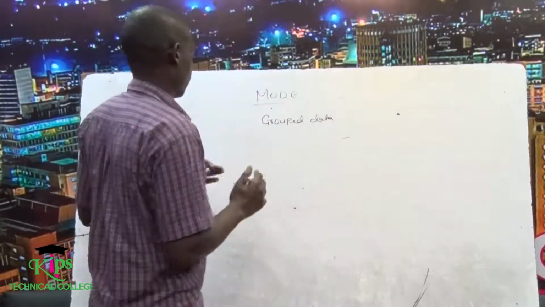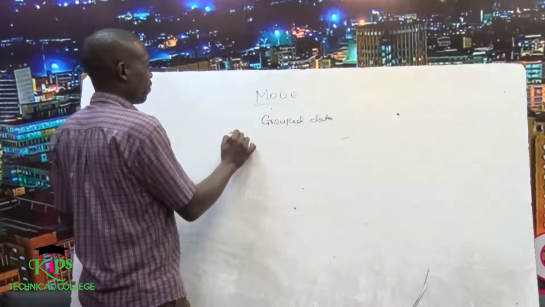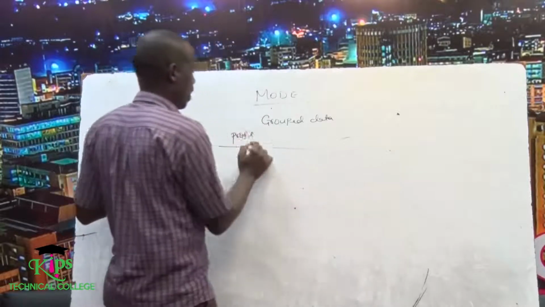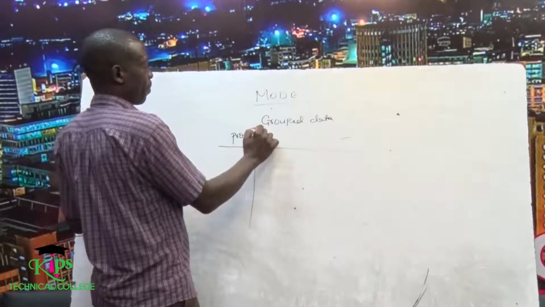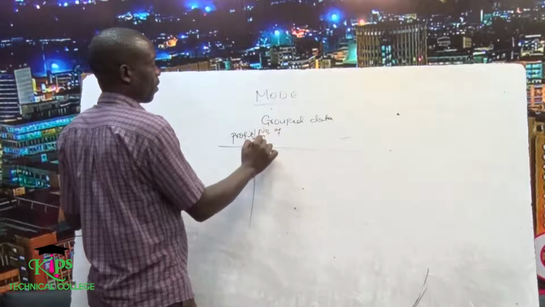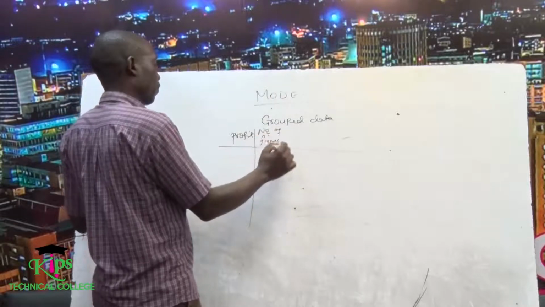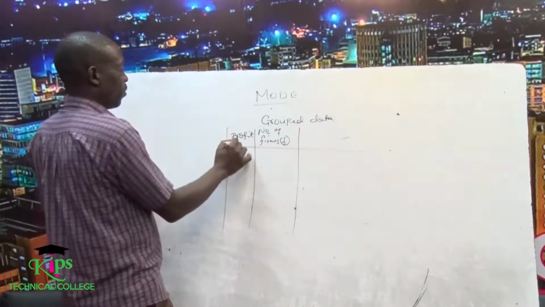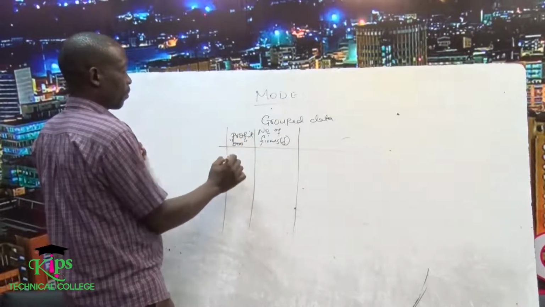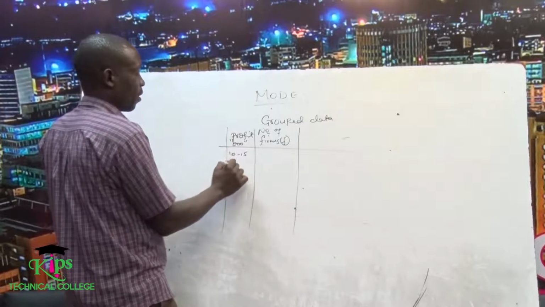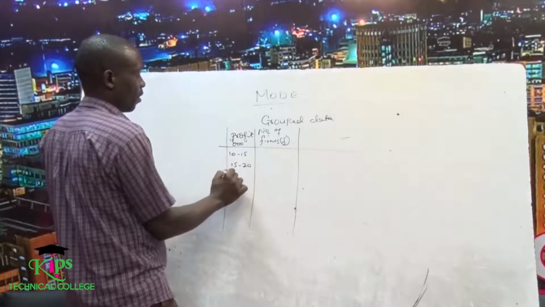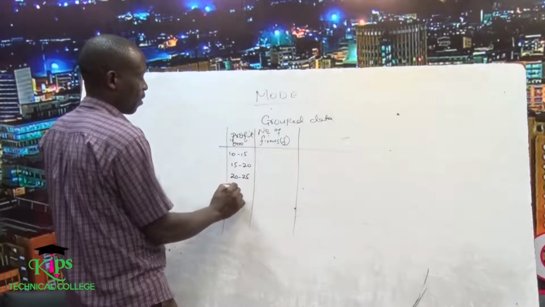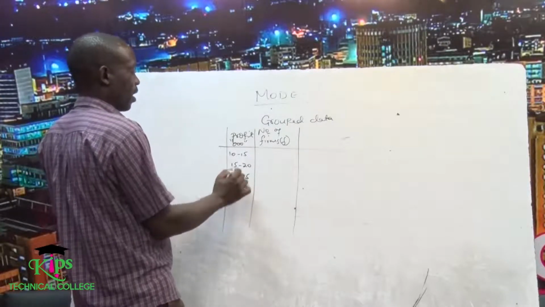If we have this, let us talk about maybe it is profit this time, maybe the profit that is being made by firms or businesses, which is our F. So the profit, we can say it is in 1,000. 15 to 20, 20 to 25,000, 25 to 30,000, like that.